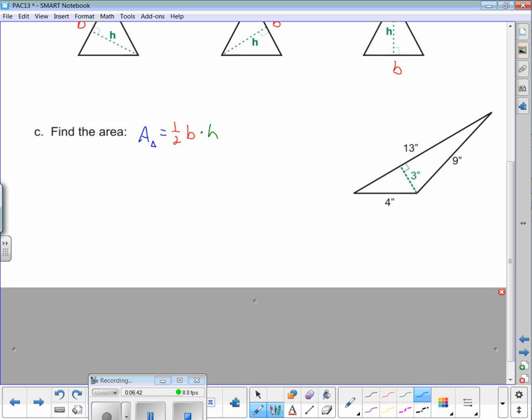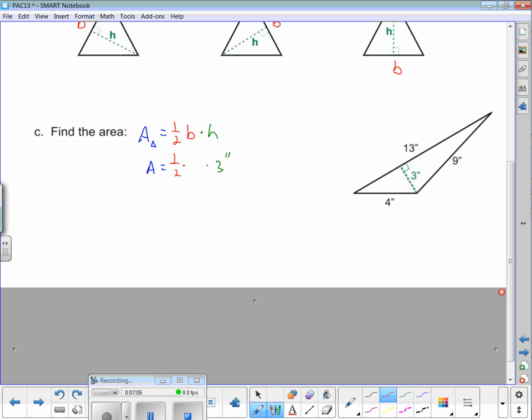All right. Hey, I don't know about you, but 1/2 is 1/2. And I'm going to skip the base because we all know the height is not only just 3, but 3 inches, right? I'm always keeping my units there so I don't forget them. Now the only question is, what do I use for my base?